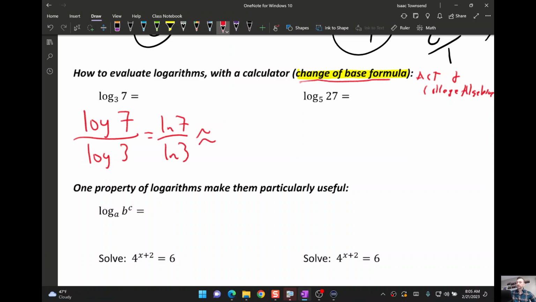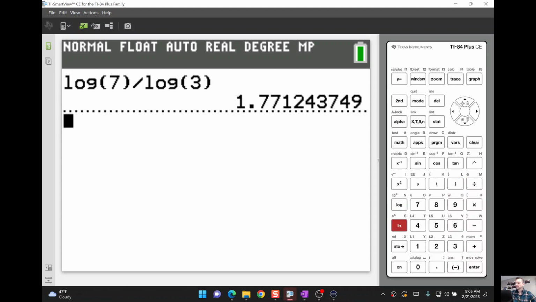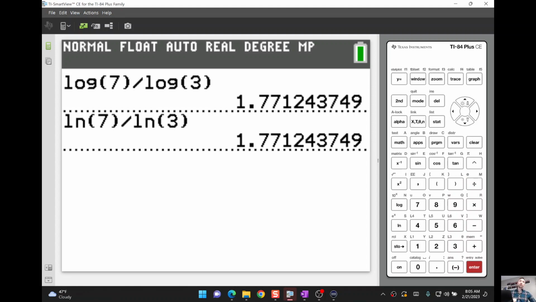So log base 3 of 7, since my calculator doesn't let me put in a base number, it doesn't let me change that, I could either type it in this way or this way. And you do need to know both, because we do ask that as multiple choice sometimes.